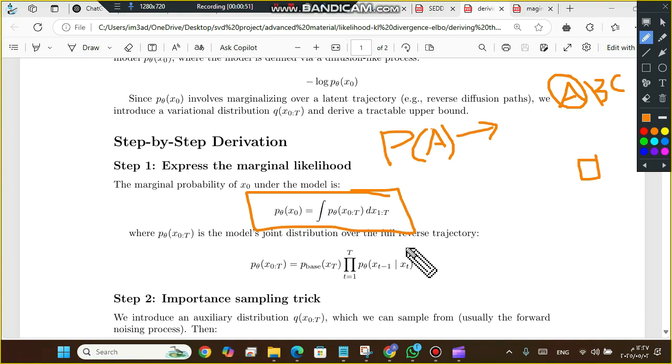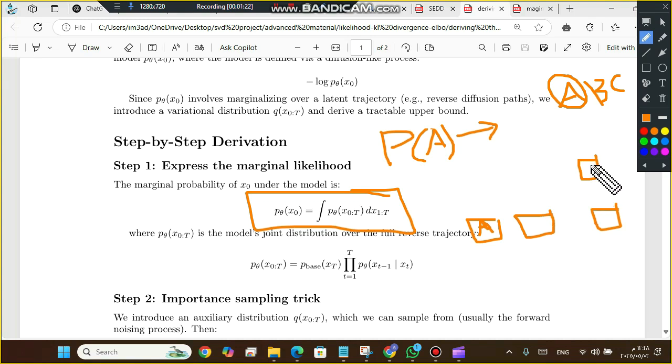What we will have, so we have three diffusion steps right now. We have three steps, 1, 2, and 3, and we want the probability that the last step will be A, for example. So what we have to do is the following. We will have to find all the possible paths along which we can go through, right?